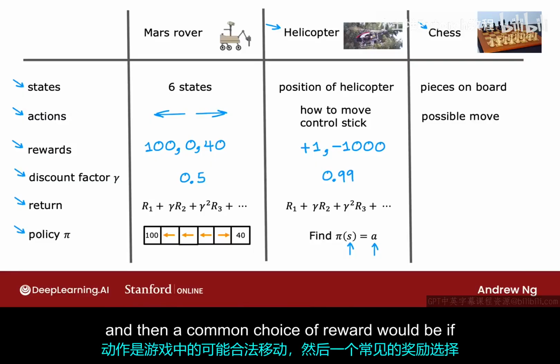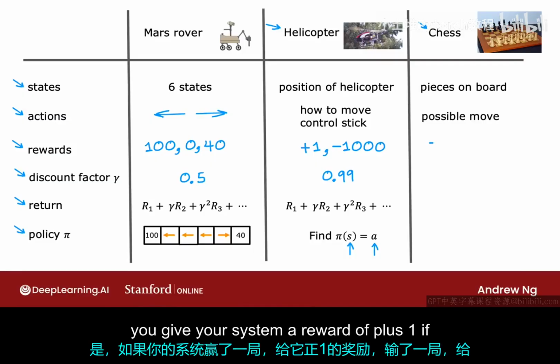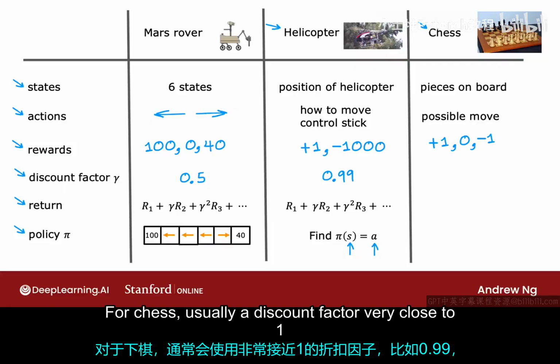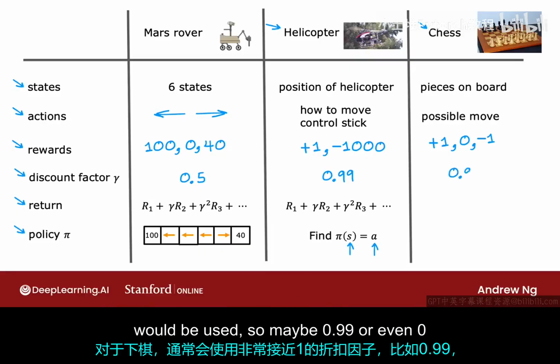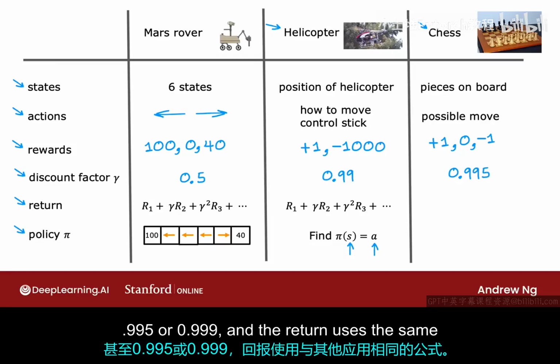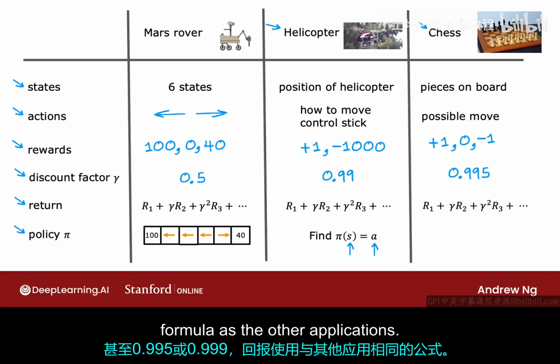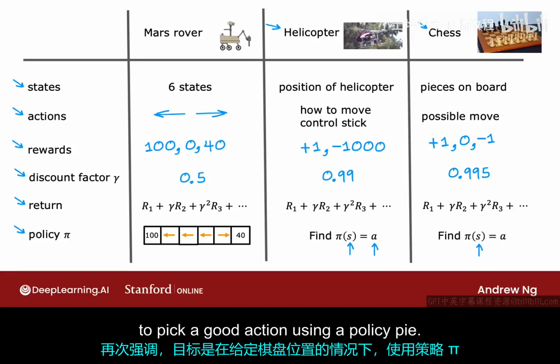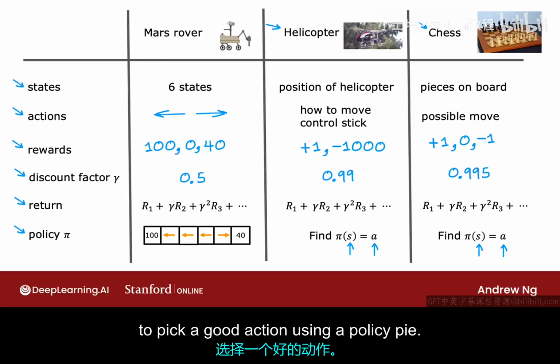And then a common choice of reward would be if you give your system a reward of +1 if it wins a game, -1 if it loses a game, and a reward of 0 if it ties a game. For chess, usually a discount factor very close to 1 would be used. So maybe 0.99 or even 0.995 or 0.999. And the return uses the same formula as the other applications. And once again, the goal is, given a board position, to pick a good action using a policy pi.